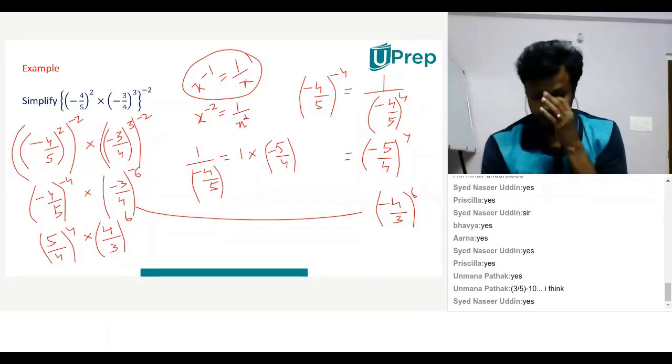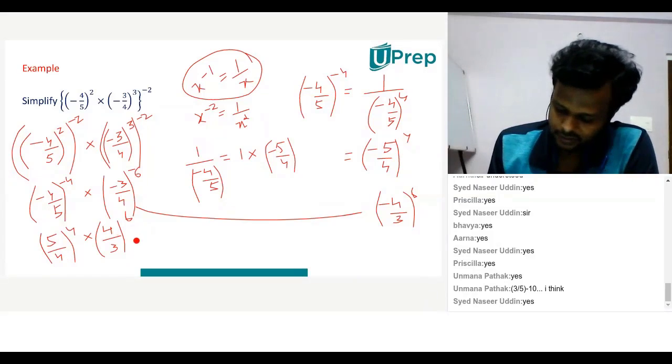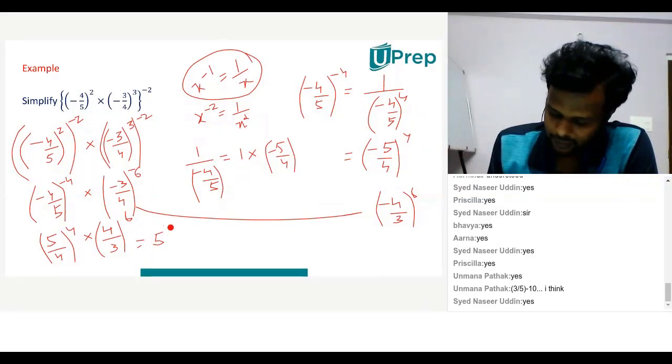Now I have 4 power 4 here and 4 power 6 there. So this becomes 5 power 4 as it is, into 4 power 6 in the numerator and 4 power 4 in the denominator.